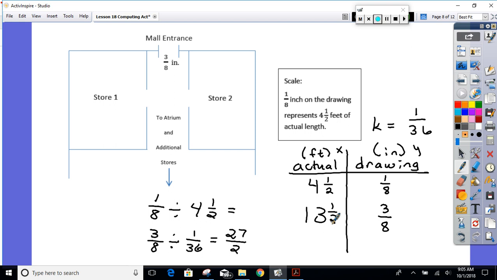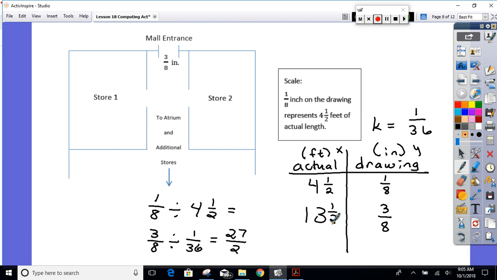Nice try. What do we have to do? We have the scale ratio. Why is the scale ratio not the same as the scale factor? Ava? Because the original, or the actual, is in feet and the drawing is in inches. Right, it's in feet and the other is in inches, so the units are not the same.